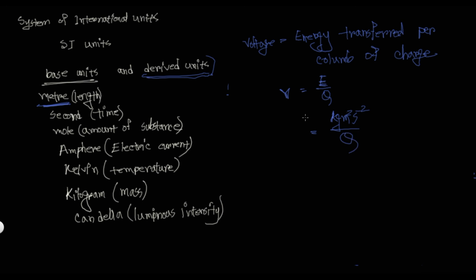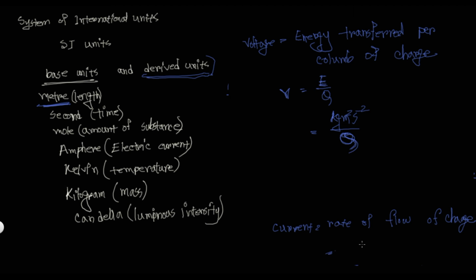Now how do you convert this Q? That's a question. So this coulomb of charge, how do you convert this into base units? From the definition of current, current is the rate of flow of charge.